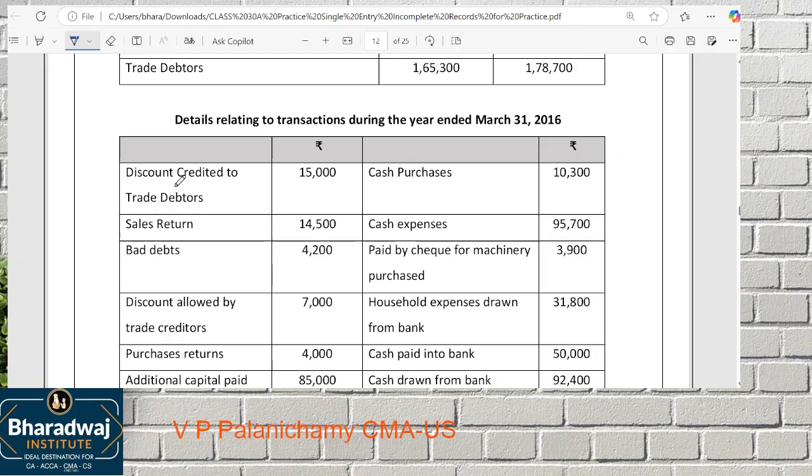Are we given collection from debtors, payment to creditors? Yes. Discount allowed, discount received, bad debt, sales returns, everything is available. So we can start with which account? Debtors account and which account? Creditors account. Please start, I request you to try.